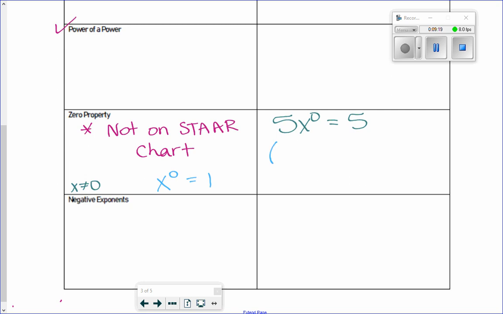And then another example we have is a times b cubed all to the power of 0. So that's going to become anything, a is going to now become to the power of 0, b is going to become to the power of 0. So that whole thing equals a 1. That whole thing is being raised to the power of 0, which will be 1.